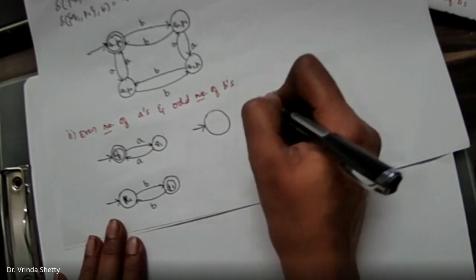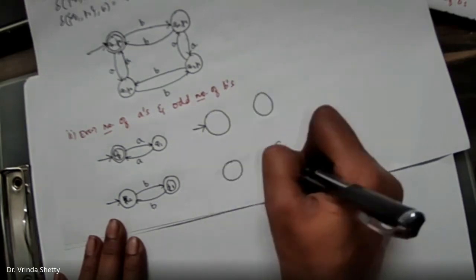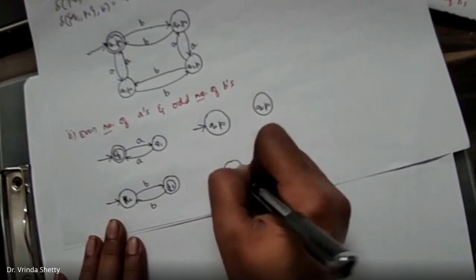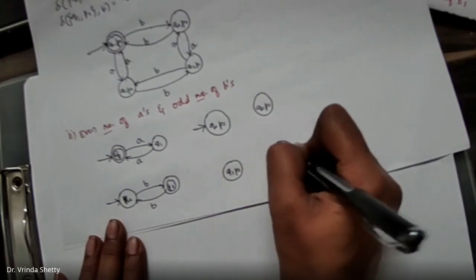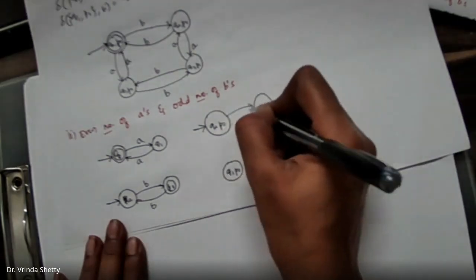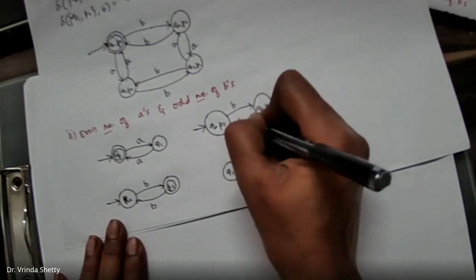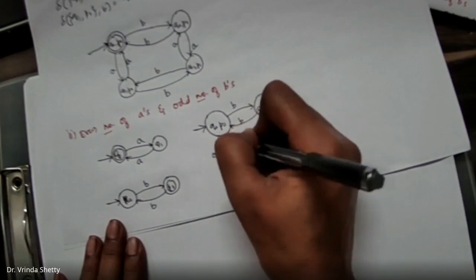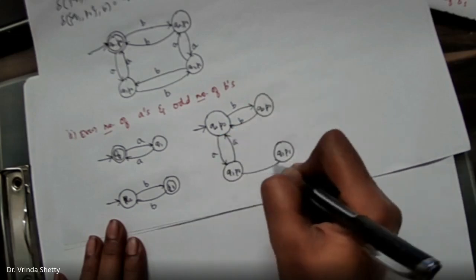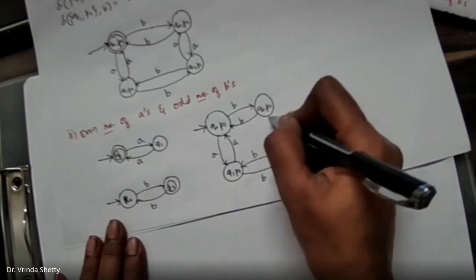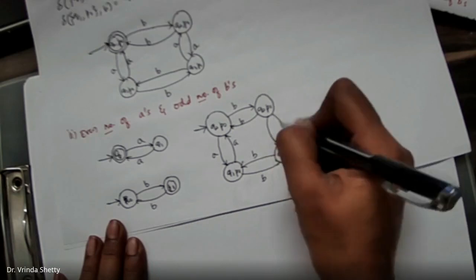Here it is on B inputs, here it is on A, here again on B. As I said, it is similar to the previous problem. All the transitions will be in the same fashion.